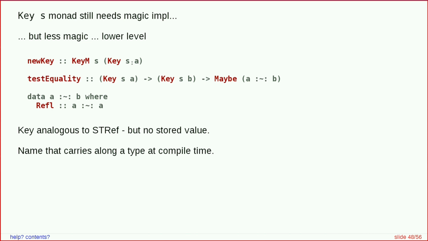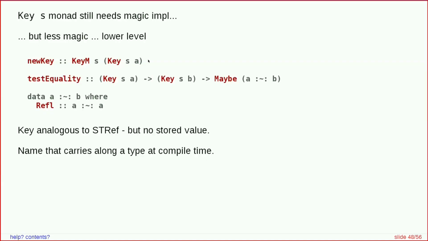And all we can do with this key is, it doesn't reference a storage location, so it's different from an STRef in that sense. It's just a name with a compile time type attached to it. Okay, it's some identifier, and we know that this is maybe a key to an integer.